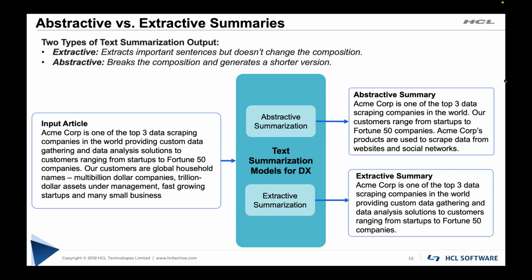There will be no changes in the phrasing or words or terms. Whereas in abstractive, the model tries to capture the context and meaning of the input text and tries to generate a whole new shorter version of that text. Next slide, please.